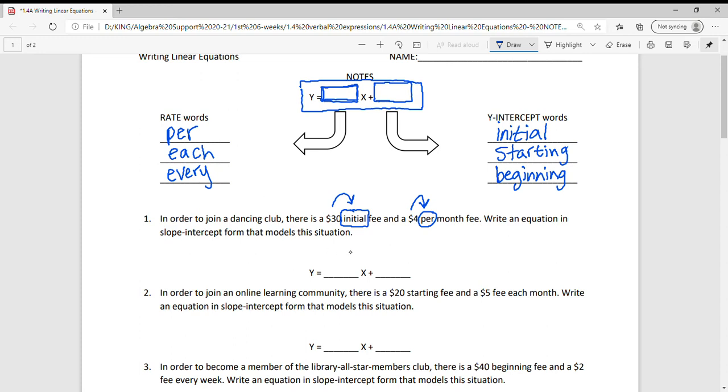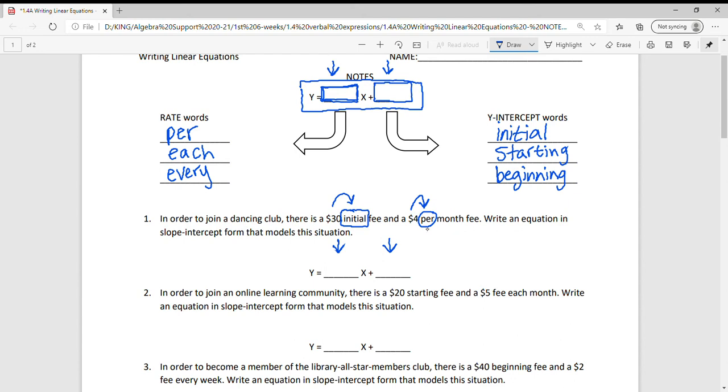Okay, so here's my equation down here. I went ahead and wrote it for you. All we have to do is fill in the number in front of x. Remember, that's up here, our rate word, and our y-intercept, up here, our y-intercept words. So the number in front of x, those are my rate words: per, each, every.